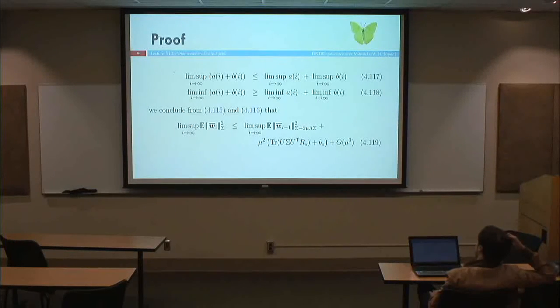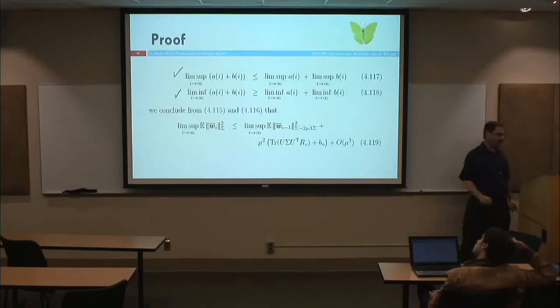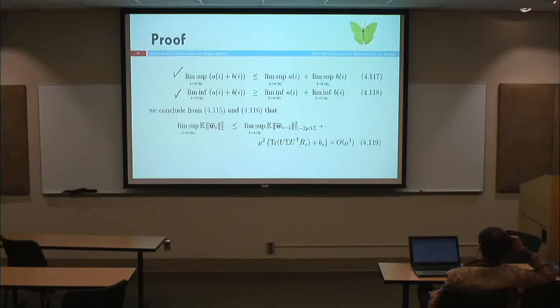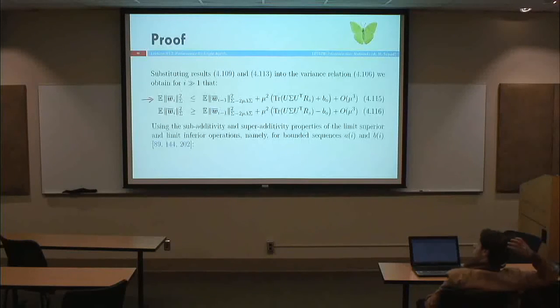So if you take the lim sup of the sum of two sequences, this is upper bounded by the sum of the individual lim sups. This is just a property. And if you take the lim inf of the sum of two sequences, it is lower bounded by the sum of the individual lim infs, okay? So let's take the lim sup of this. It will be upper bounded by the lim sup of this, right?